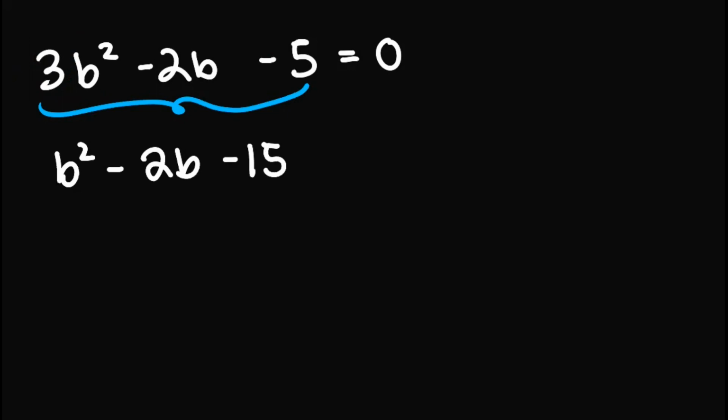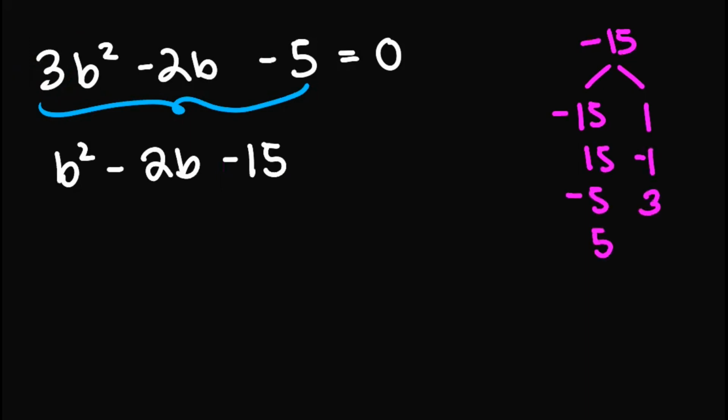And then we factor this like how we did a while ago. So focusing on negative 15, the possible factors of negative 15 are negative 15 times 1, 15 times negative 1, what else? Negative 5 times 3, and 5 times negative 3.